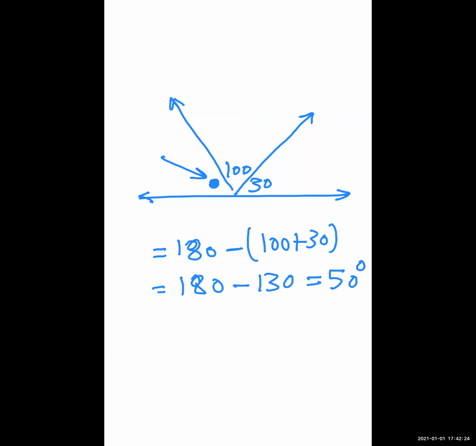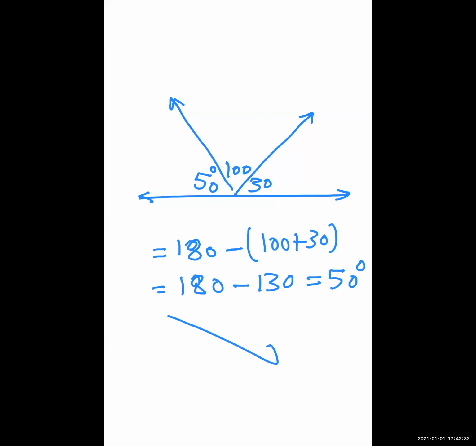Actually, we said that this is 180. So this angle, of course, will equal 180 minus 100 plus 30, which is 180 minus 130. So it will equal 50 degrees. So simply, guys, this one will equal 50 degrees.